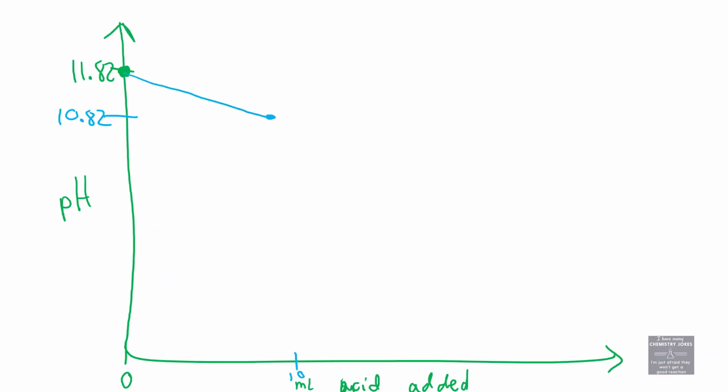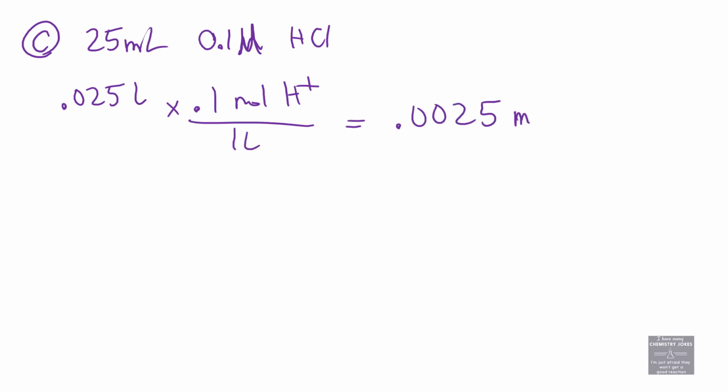When 25 milliliters of HCl total has been added, that's point C. 25 milliliters, 0.1 molar HCl. So that's 0.025 liters times 0.1 moles per liter, 0.0025. It's strong.